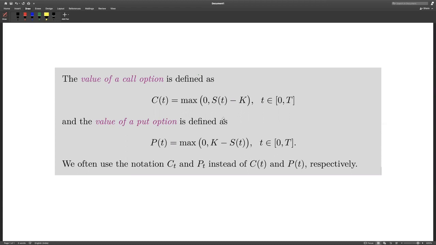That is, it's not a time at which the holder goes for the exercise of the option. So in that case, C of t and P of t are called the values of the call option and the put option respectively, and their definitions are the same as what we have defined as payoffs.